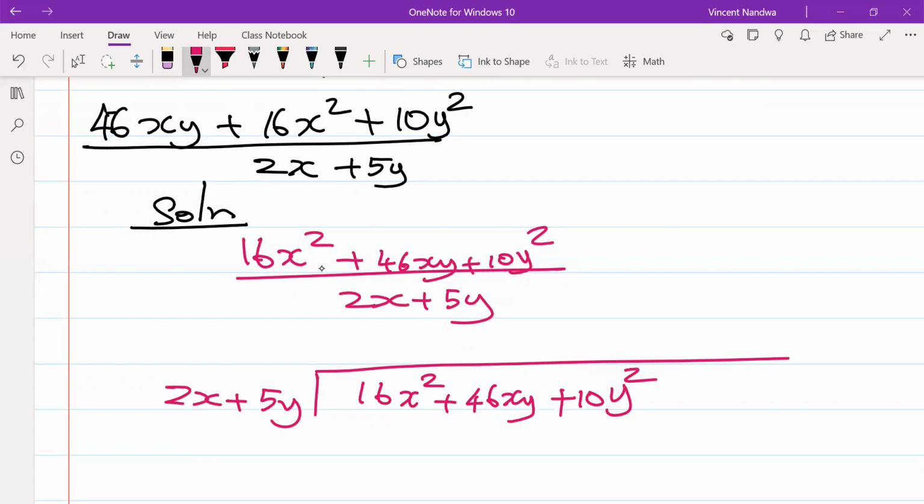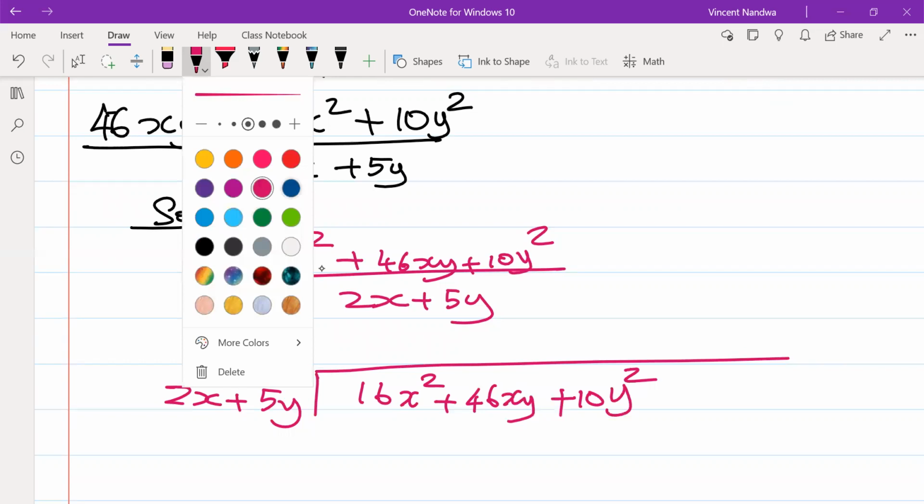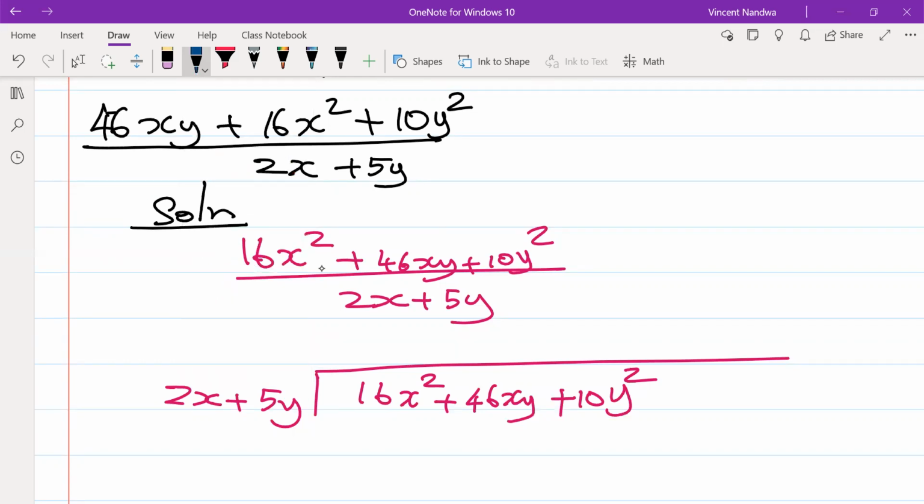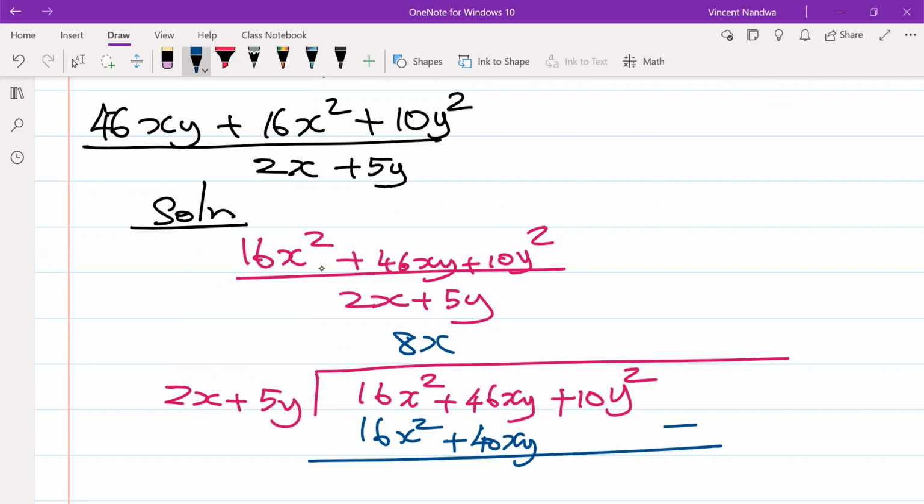What should we multiply by? 8x, so that we get 16x squared. So 8x times this will give us 16x squared, and then 8x times 5y is 40xy. And then you subtract.